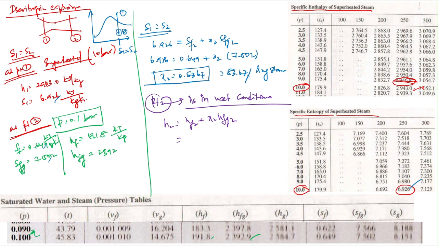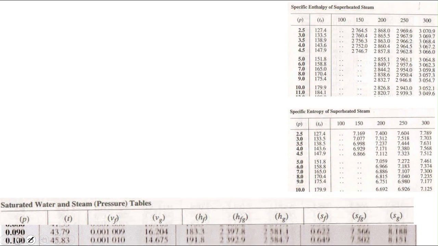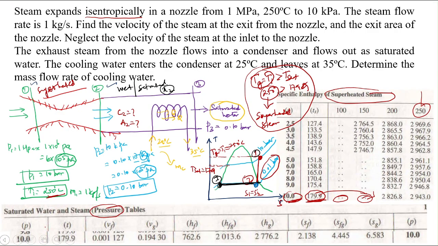For HF2, point 2 is at a pressure of 0.1 bar, so this line is at the pressure of 0.1 bar.